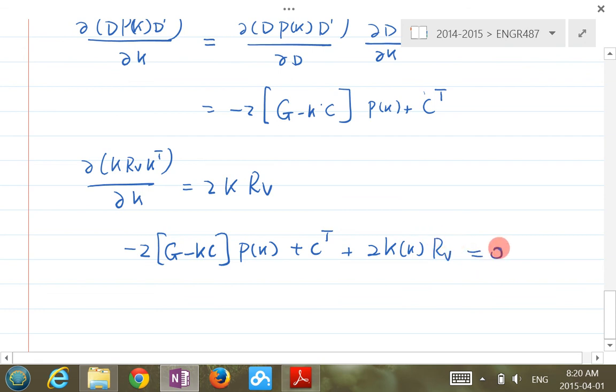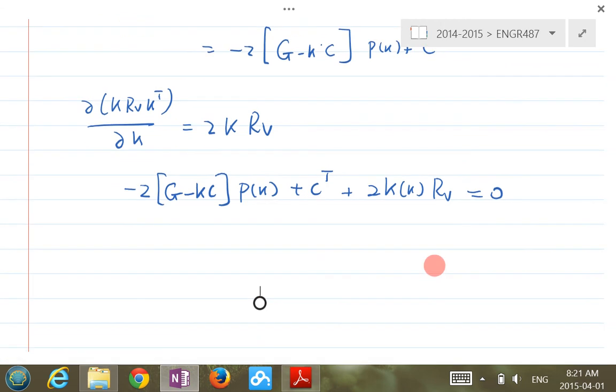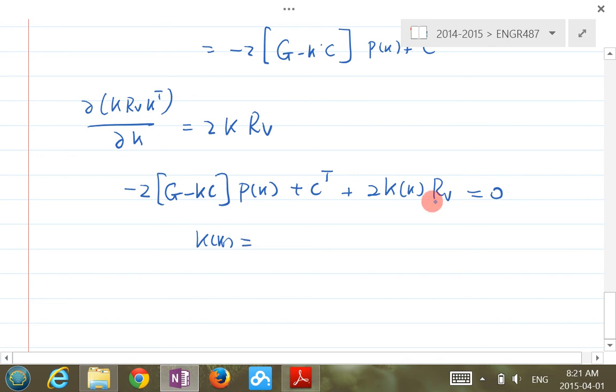This is the first derivative test. The 2s you can get rid of, and we can solve for K. The solution is G P of k C transpose, times R V plus C P of k C transpose, inverse.